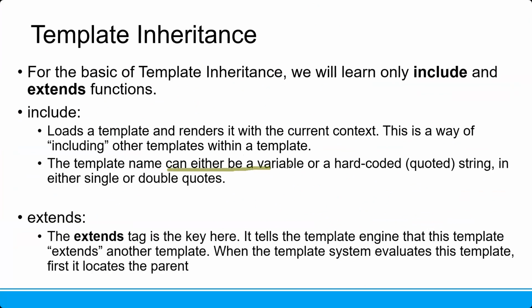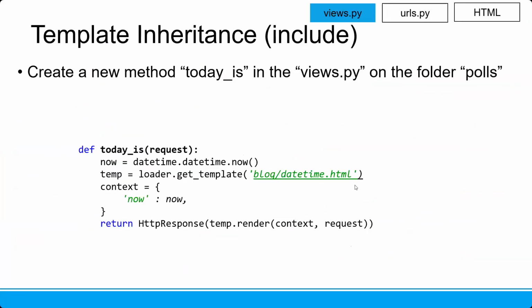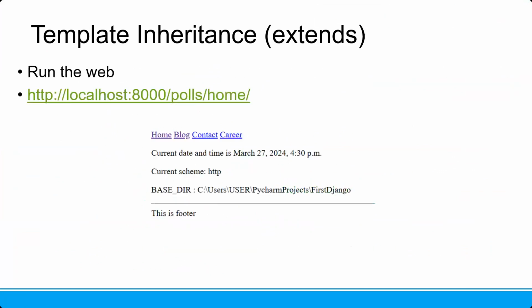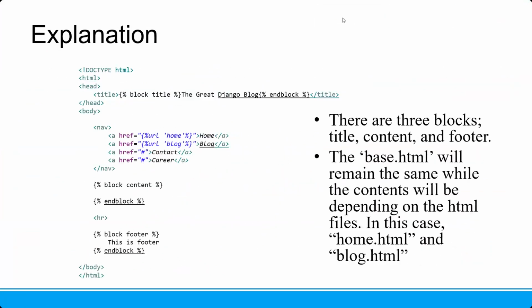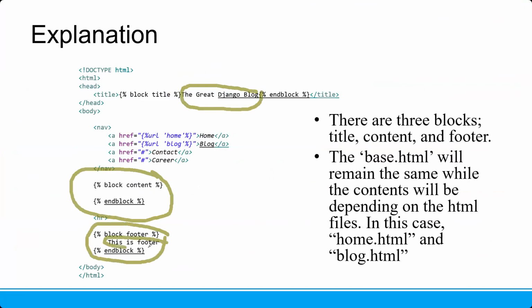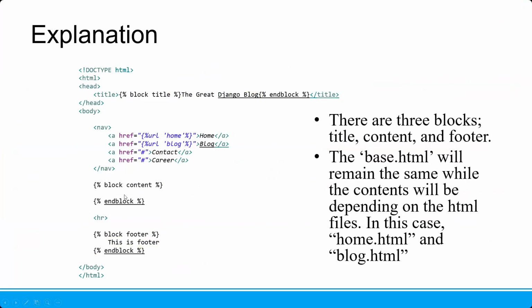The template name can be either a variable or a hard-coded string. In this case, I'm giving the hard-coded string, which is the string that I want to print. But what about the content? I make it blank. Why is it blank? We will see later. The footer, I make it a string. So this is footer. So what happened to this content?